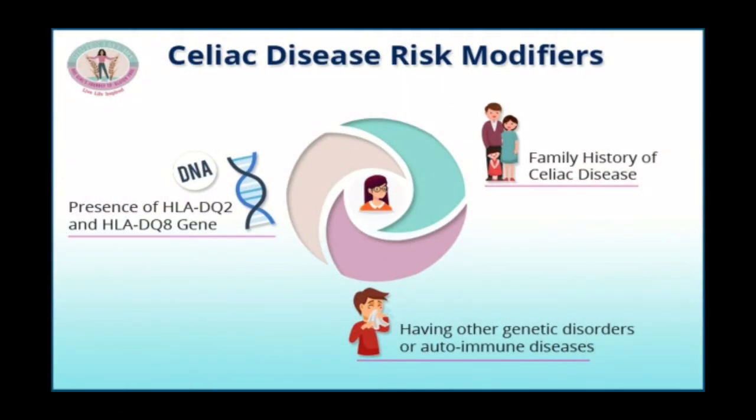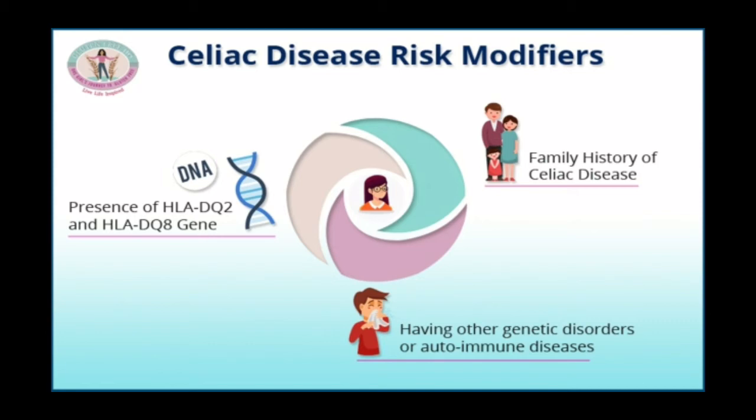So what are the risk modifiers of this disease? First is family history. If any member of your family is affected with this disease, then there are higher chances of contracting this disease. For example, if a parent is already affected with this disease, then there is a higher risk that their children and siblings can be affected.